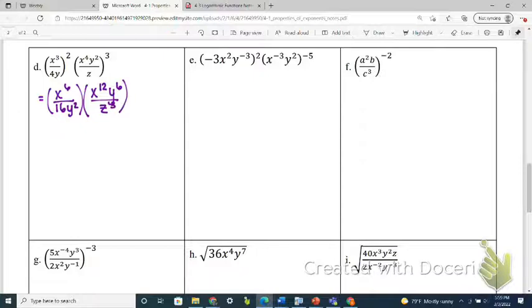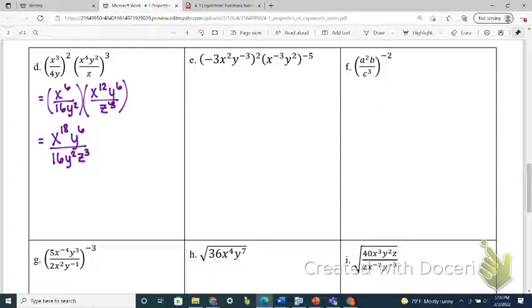When we multiply fractions, we multiply straight across. So on top, I have an x to the 6th and an x to the 12th. When I multiply, I keep the base, add the exponents. Y to the 6th just comes along. On bottom, I have nothing alike, so they're all just coming along. You'll notice in my answer right now, I have y's in 2 positions, one on top, one on bottom.